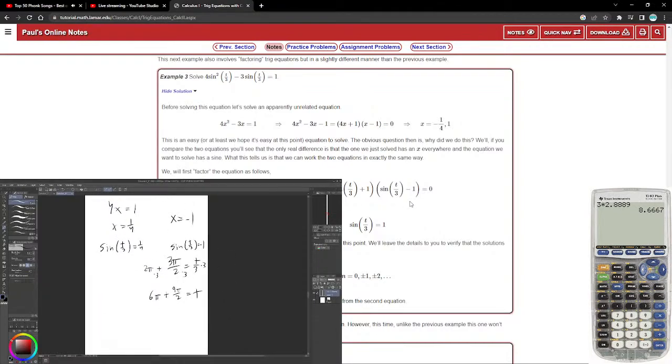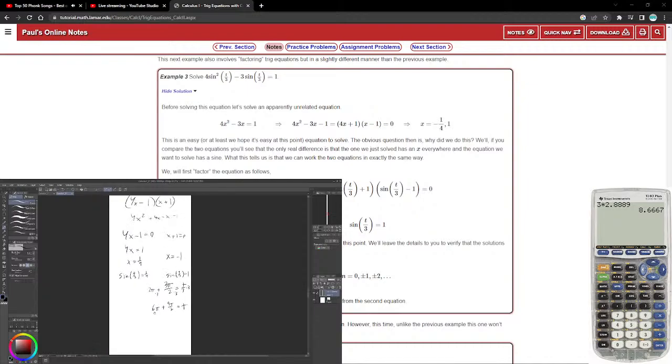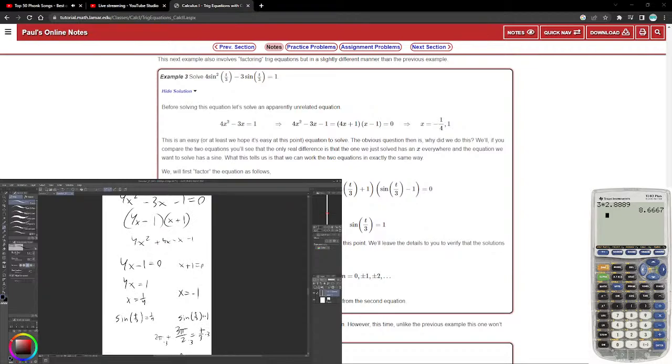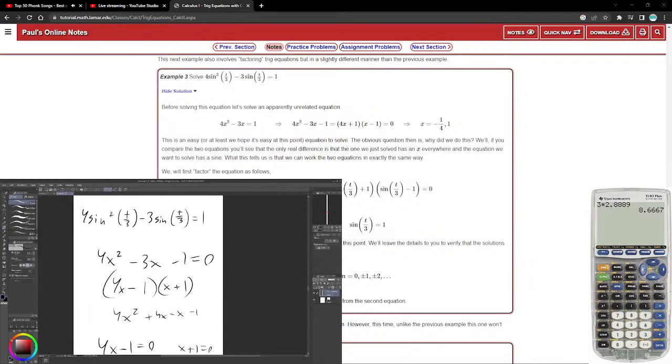What happens to the t over 3? It's still a thing. Wait, they got negative a fourth. 4x squared plus 4x.